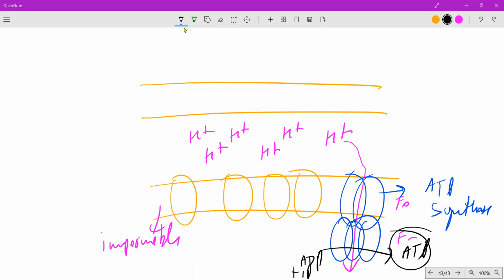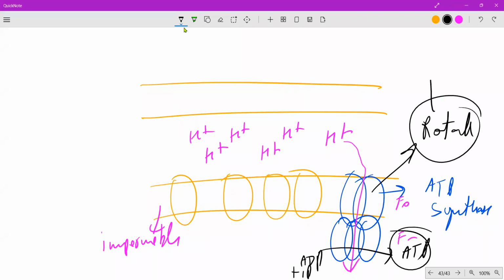Am I clear? We'll talk in detail. Right now it looks very abstract, but when we look at this mechanism in detail, you'll come to know. And we know this F0F1 particle can rotate. In fact, this is one of the smallest motors in the world, and that is how ATP synthesis will take place.